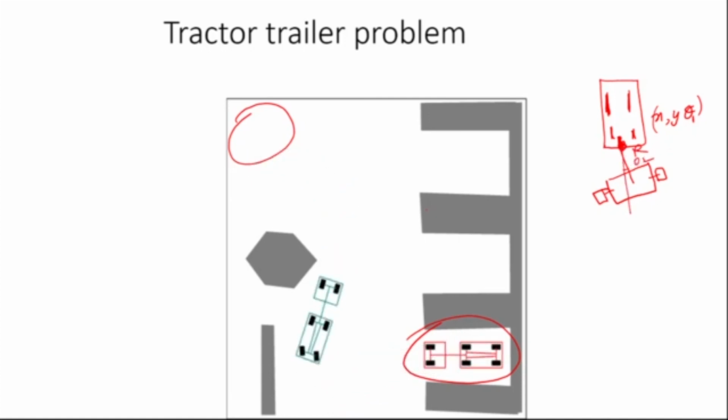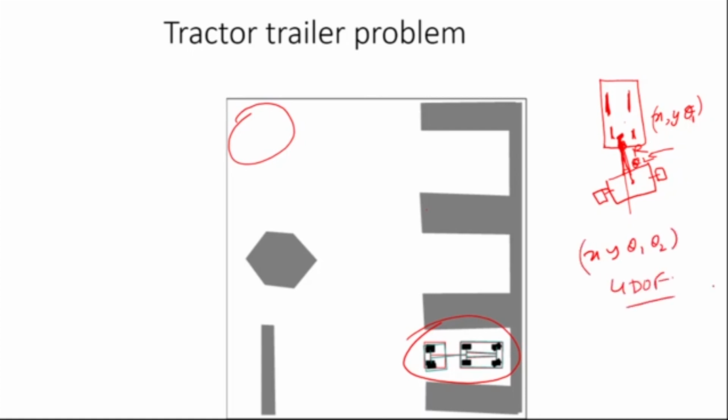So the car's x, y and theta 1 are the degrees of freedom of the tractor in front. The trailer has theta 2, which depends on this angle here. So in the full system, we have x, y, theta 1 and theta 2. So this is a 4 degree of freedom system now.